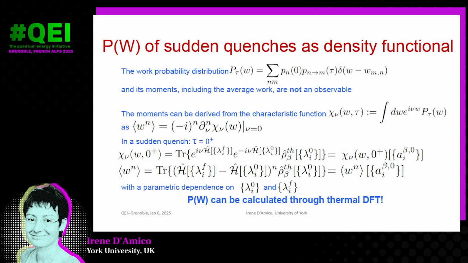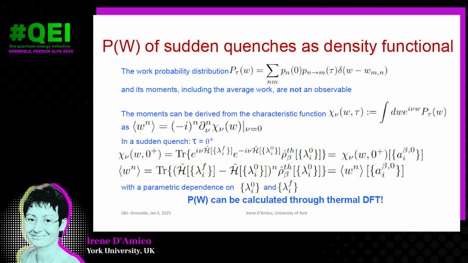Work, and the probability distribution of work, is not an observable. Nothing tells us that we can actually write it as a functional of our local density. But if we consider the characteristic function of the work, which is the Fourier transform of the work distribution as written here, and from which I can derive all the moments of the work distribution, then in the case of a sudden quench I can write the characteristic function as a thermal average.